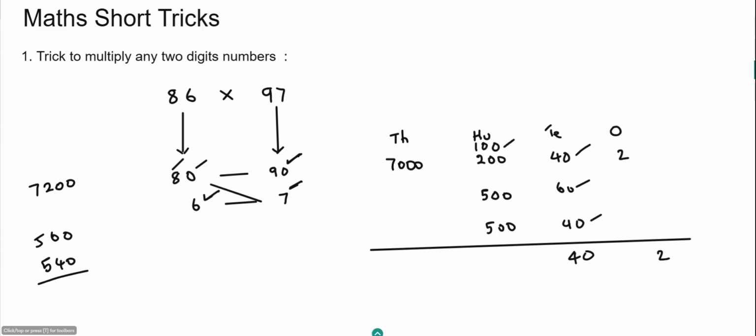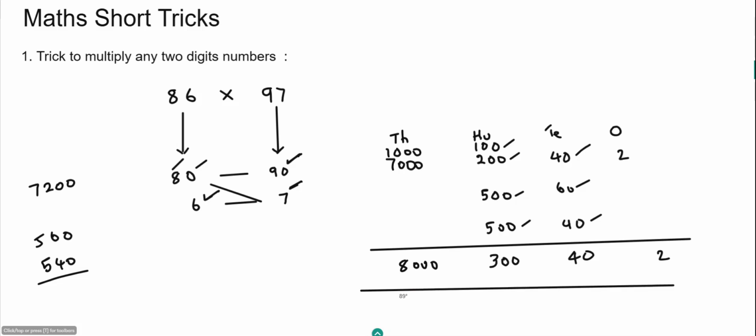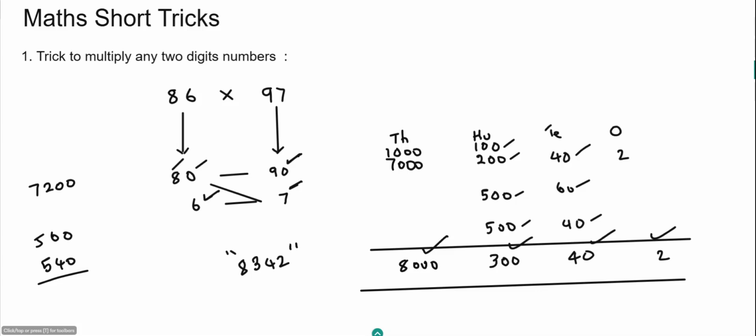Now you see that if you add the hundreds, this is 100, 200, 300, and then 500, 500, 1,300. So we will write only the 300 here and carry the 1,000 over here. Then this becomes 8,000. And so finally we got the result. We can just read it like that, 8,342. And this is the product of these two numbers.